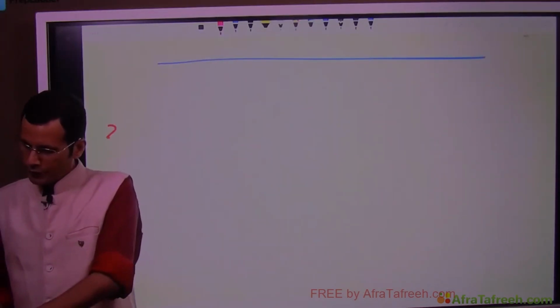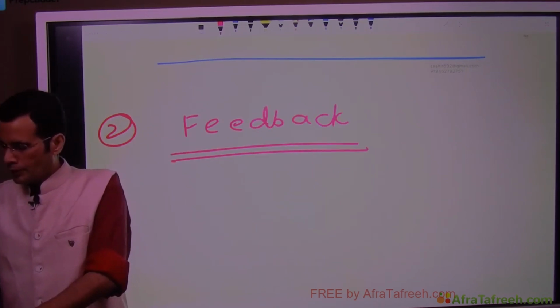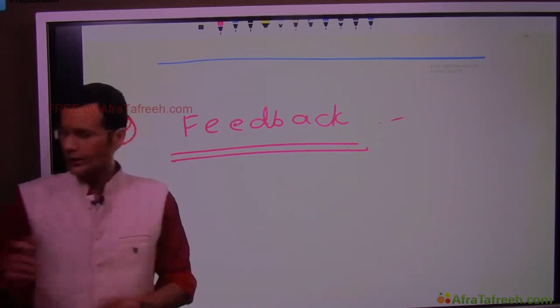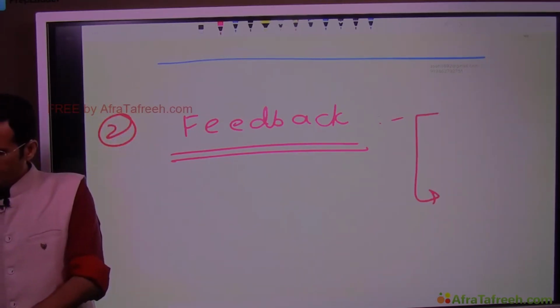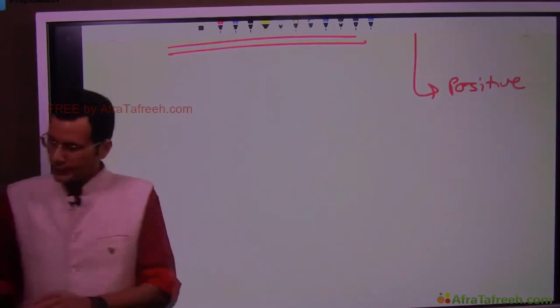Now let's come to the classic feedback mechanisms. Feedback homeostatic mechanisms. And as I mentioned, there are two types: negative feedback and positive feedback. First of all, what is a feedback?